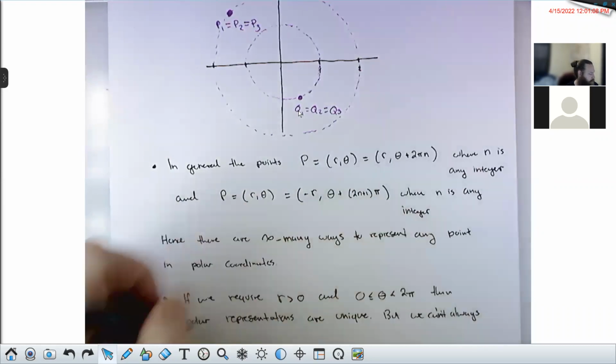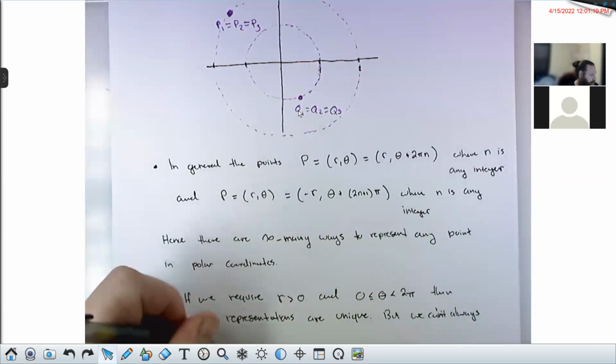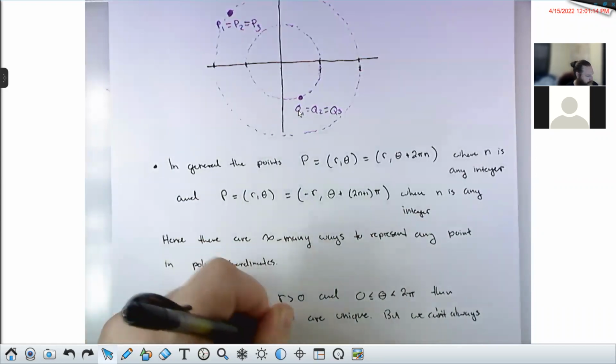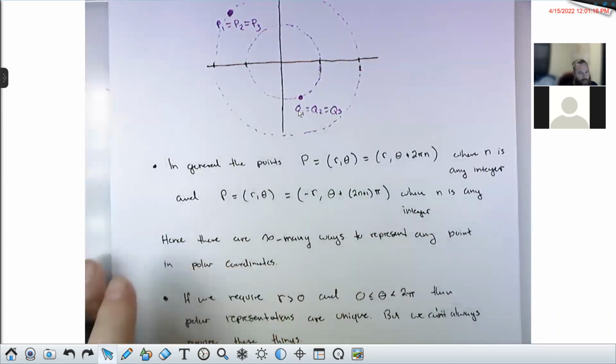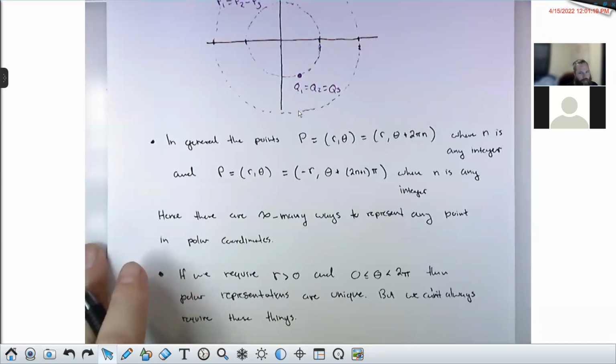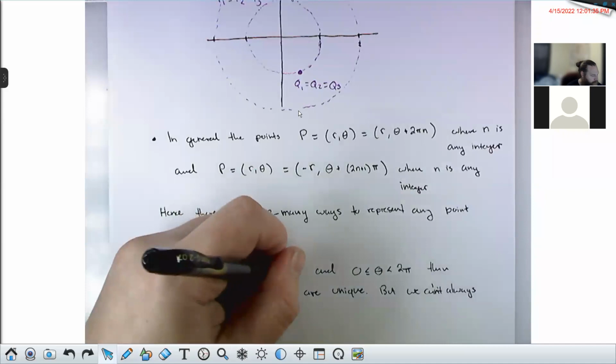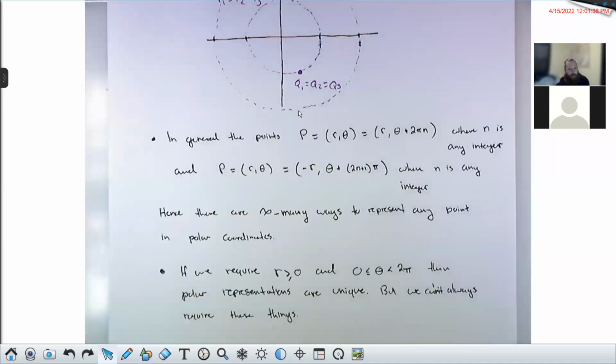We can't always require those things. Sometimes we have to deal with R being negative. Sometimes we have to deal with theta being negative or bigger than 2 pi. There's just nothing we can do about it. Okay. I suppose this should be greater than or equal to 0. Okay.